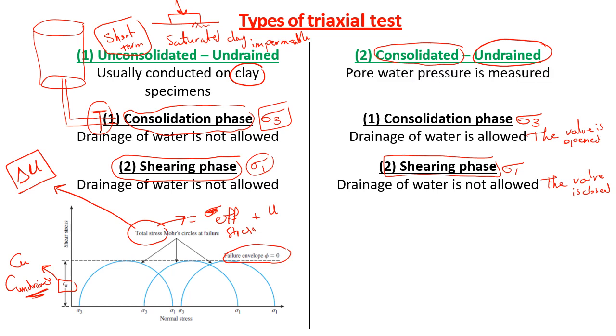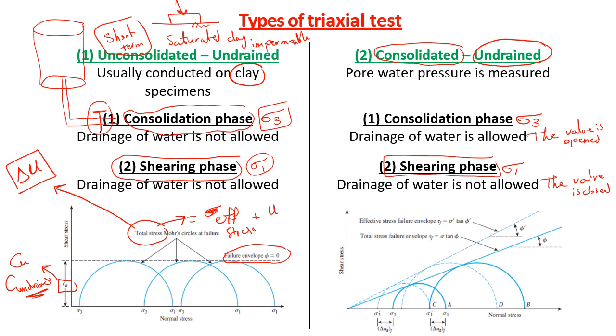Pore water pressure is usually measured in this test, so we will be able to draw two failure envelopes. The first failure envelope, which is the dashed one, is called the effective stress failure envelope, or the failure envelope in terms of effective stresses.